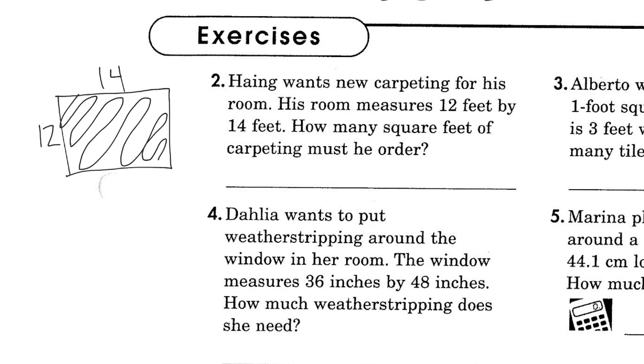So I want to find area. I put an A. And if you remember, area equals length times width, which would equal 14 times 12, 168. My measure was feet. Since I found area, it's feet squared. So you have to put the square on the label of feet.